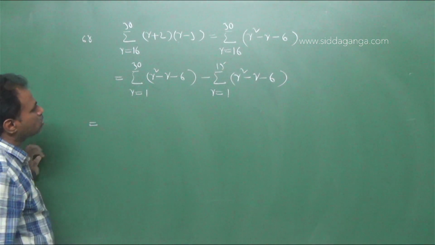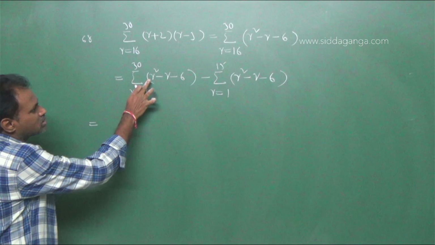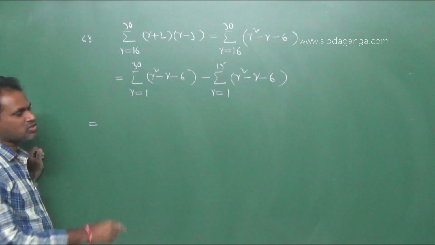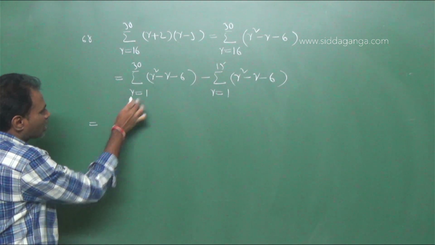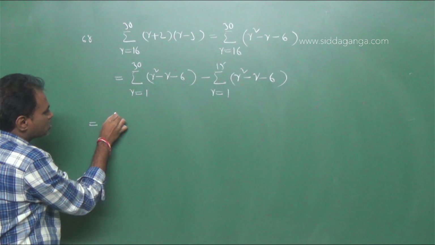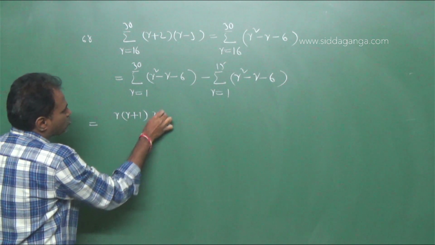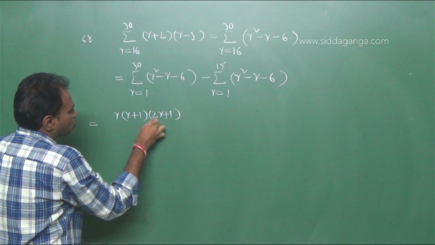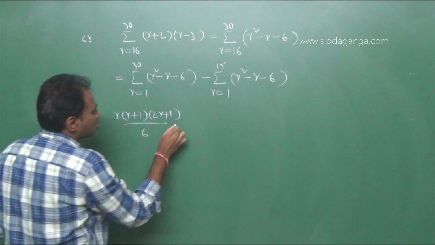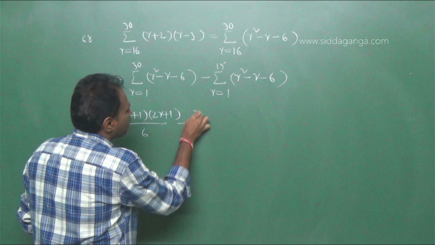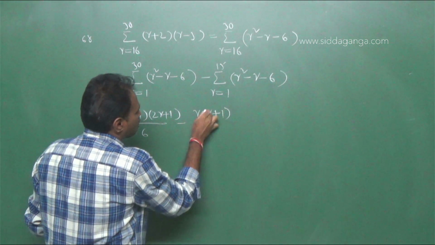Therefore, already you know the formulas. Sigma r square formula is n into (n plus 1) into (2n plus 1) by 6, and sigma r formula is n into (n plus 1) by 2.